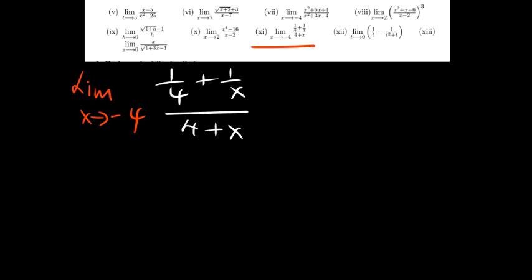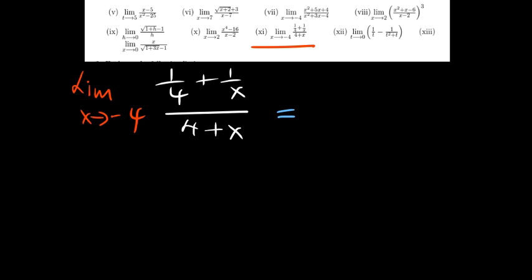Let's try to deal with the numerator. Since we've got fractions, I think we can come up with a common denominator there. Why are we not substituting directly? If we plug in a negative 4 as x, we're going to get a 0 on the denominator. So we are trying to avoid that. We're trying other ways of dealing with it.